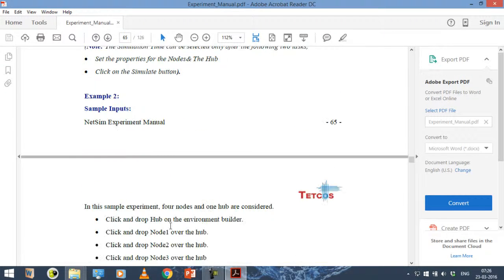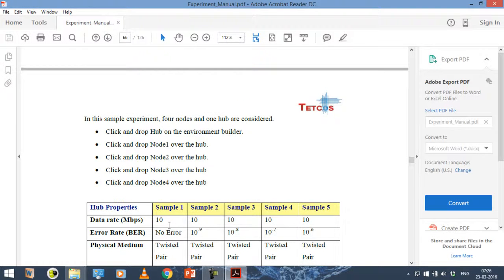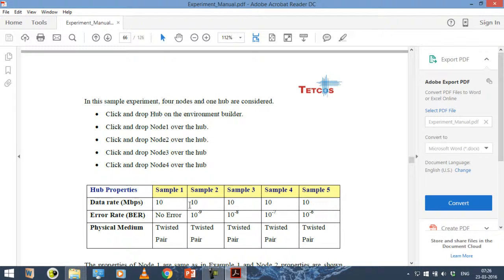In example 2, we are adding 2 more nodes. Node 3 and node 4 have default properties, node 1 has the same properties as in the first experiment, and these values should be assigned to node 2.